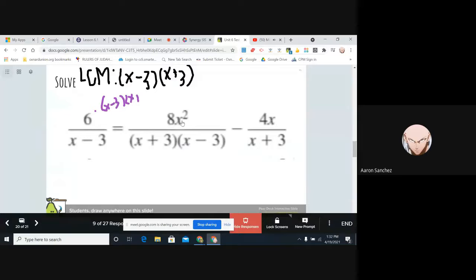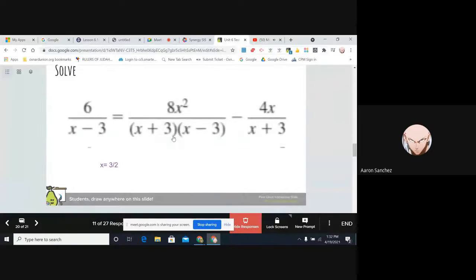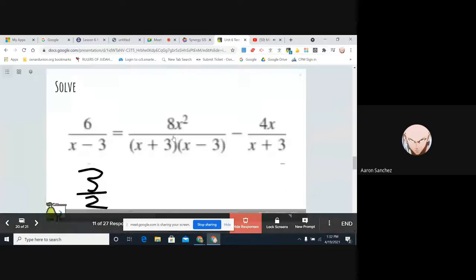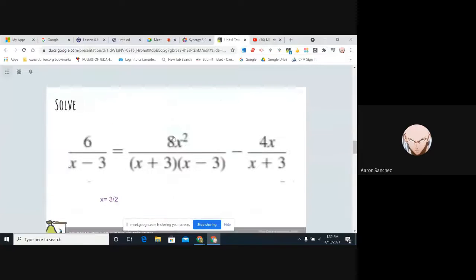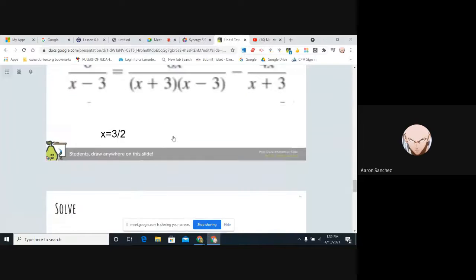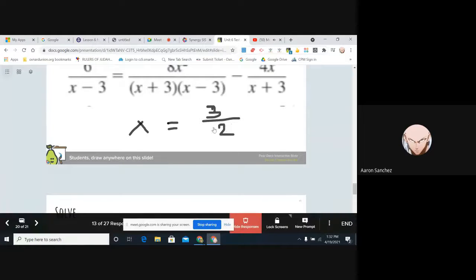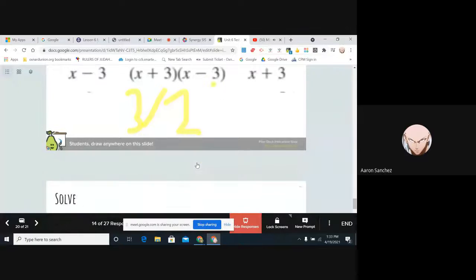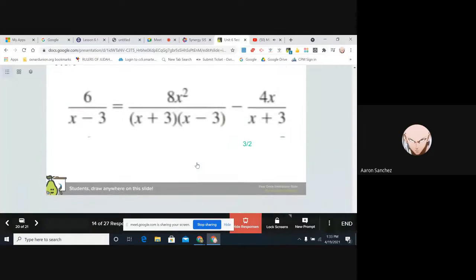Least common multiple, x minus 3, x plus 3. That is the least common multiple. You are correct, sir. 3 over 2. I don't know if that's a sir or ma'am. Sorry. I just assumed.